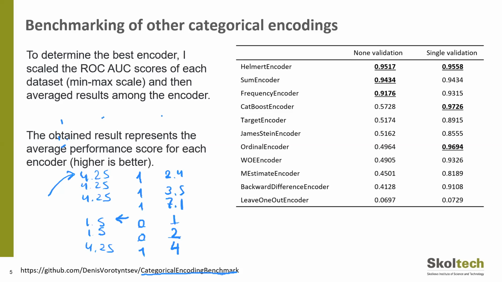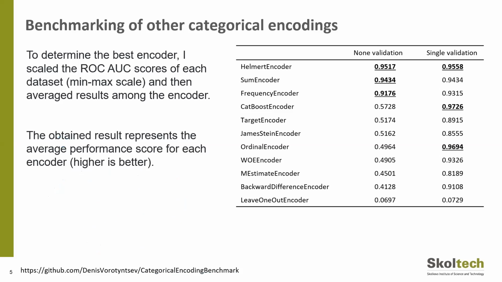It was something like 15 datasets, I'm not sure about the exact number, but I'm sure about the order of magnitude of the number of problems they considered in this benchmark.